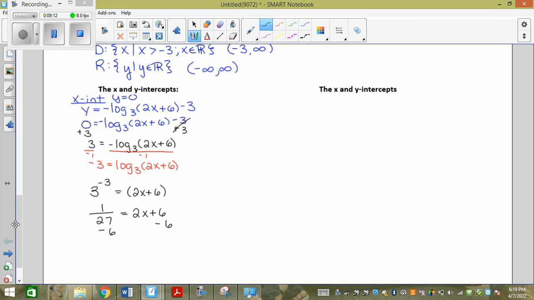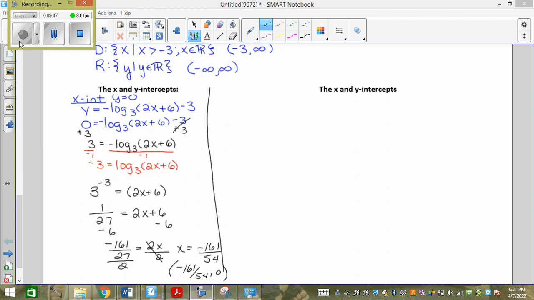Subtract 6, and we get 1 divided by 27 minus 6, which is negative 161 over 27, equals 2x. Divide by 2, and we get negative 161 over 54. So the x-intercept is negative 161 over 54, 0.